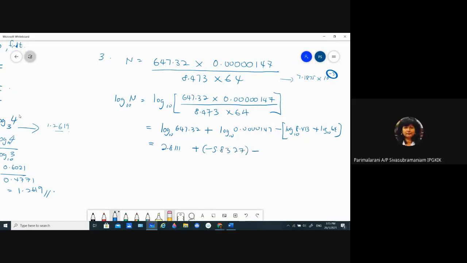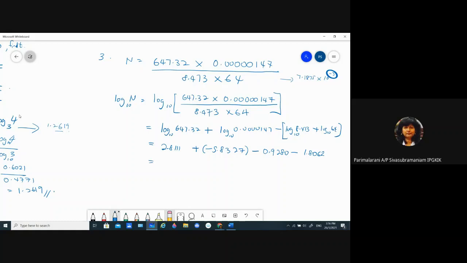The next one, 0.928. And the last one, 1.8062. Try to take 4 decimal places always. For log, always take 4 decimal places. When you add all this together and when you open the bracket, don't forget the sign. Check the signs whether it's correct or not.